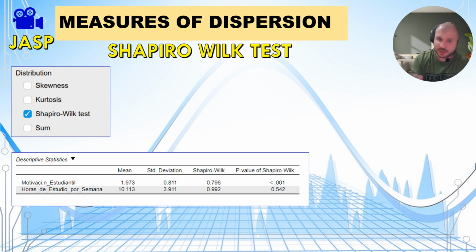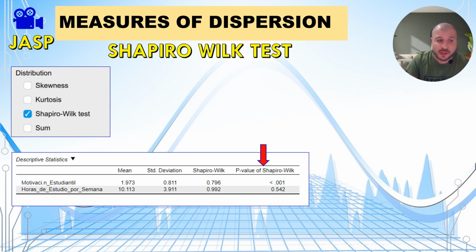If the p-value is significant, that is below 0.05, we can conclude that this specific variable is not normally distributed. In that case, the motivation is not normally distributed. That's why we were getting such different variation numbers in the standard deviation, the interquartile range, and also the variance.